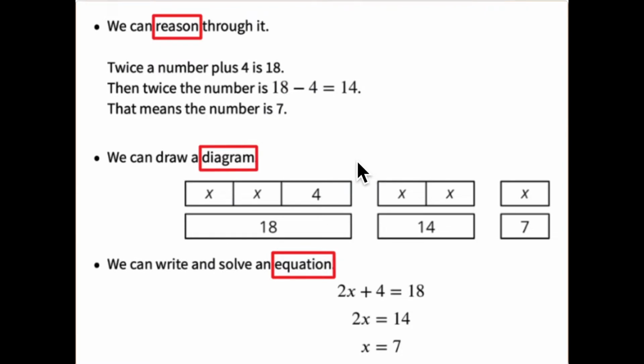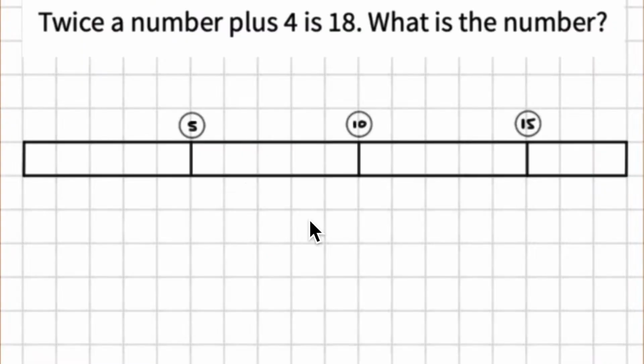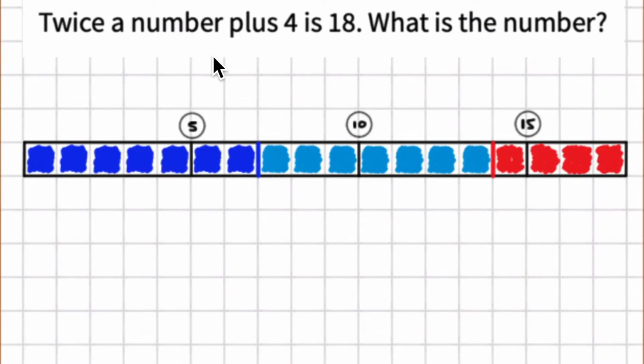If it's not correct, draw it to scale, make some notes, so you can study those notes and diagram. So here is the diagram drawn correctly. It's useful to use a grid. So these are 18 units. So 5, 10, 15, 16, 17, and 18 out to here. So the problem says twice a number plus 4 is 18. So twice a number is 4 less than 18.